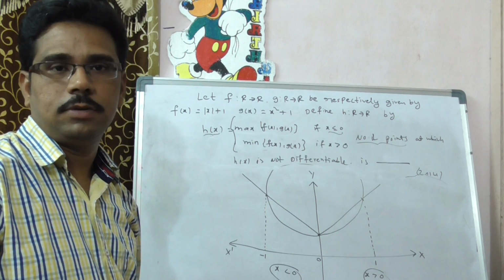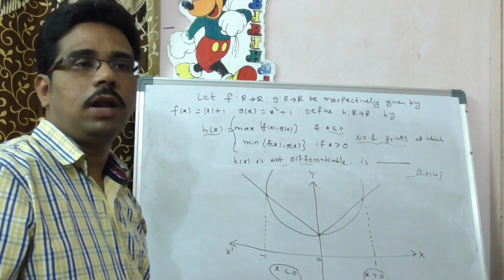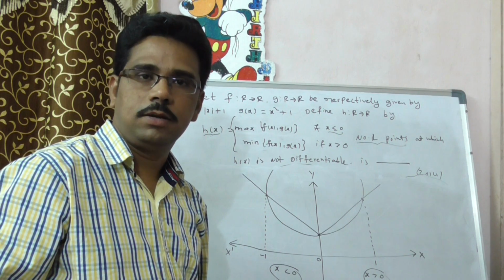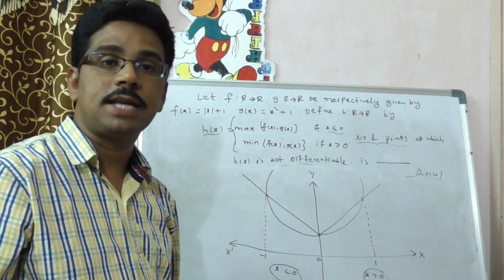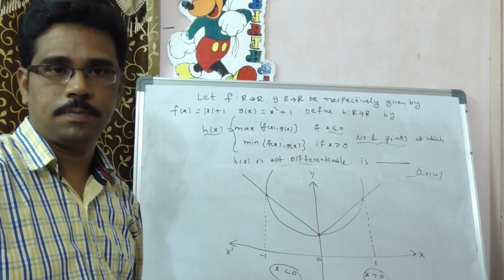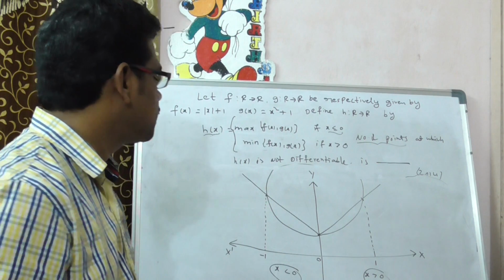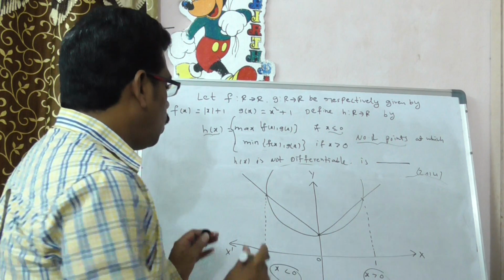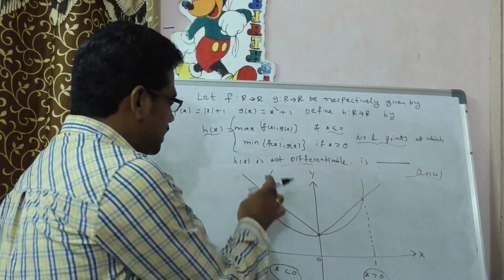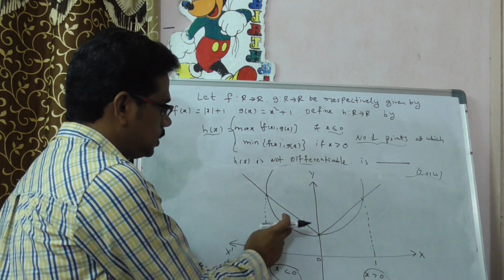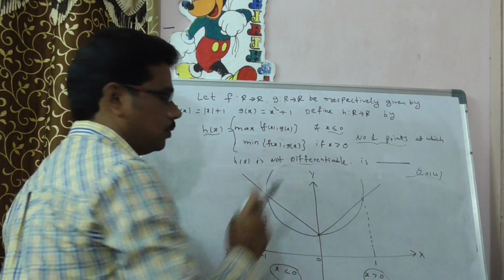The graph method is very helpful in solving objective questions like IIT JEE Mains as well as Advanced questions. Just catch the concept. Observe this graph. In this graph, we have 4 parts. This is the first part, second, third and fourth.